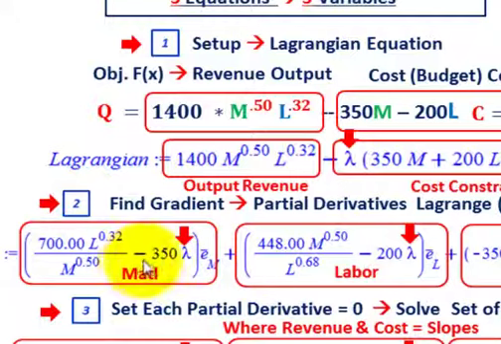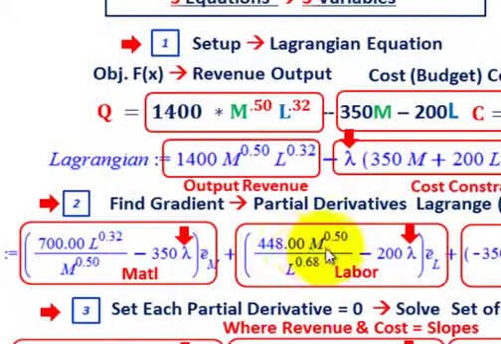Then for our labor, we take the partial derivative of our revenue in terms of labor, and then we subtract from it the unit cost for labor times that Lagrangian again.